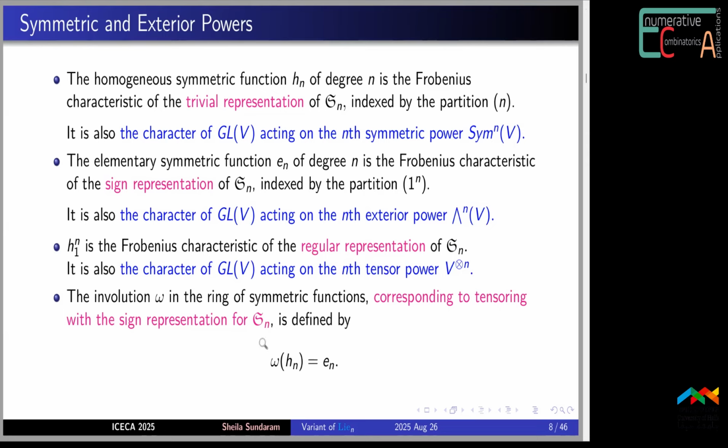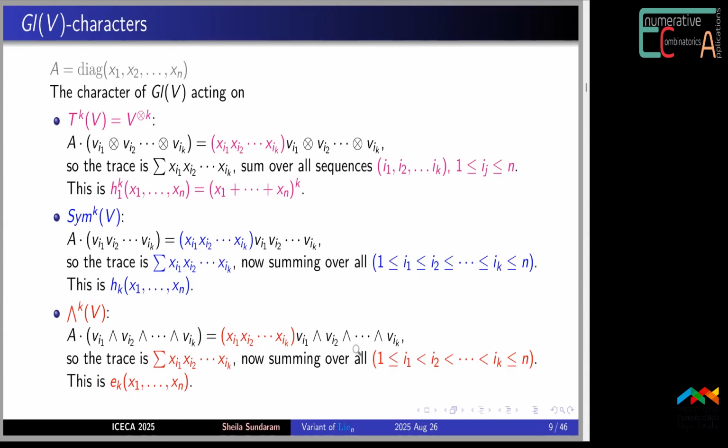And then finally, another thing we'll be seeing a lot of is the involution omega that sends h_n to e_n, and it corresponds to tensoring with the sign representation. Okay, so this is just if you haven't seen this recently or ever, for GL(V) characters, if you take a diagonal matrix, here's how it's going to act on the kth tensor power of V, just diagonally.